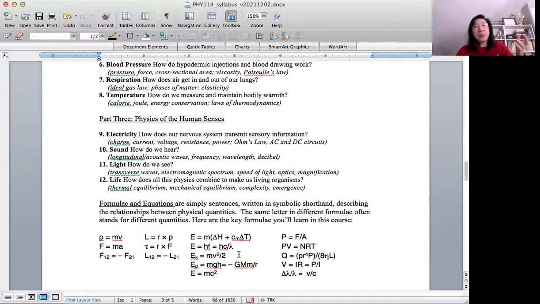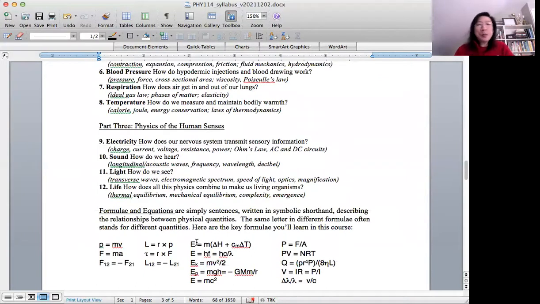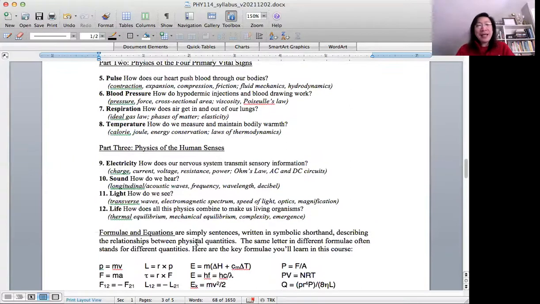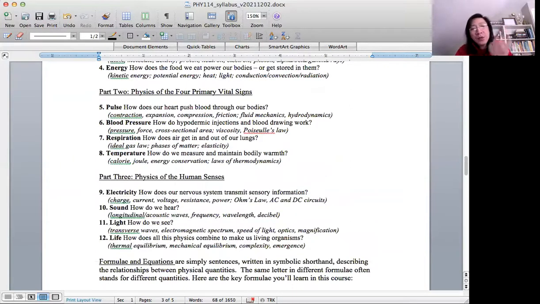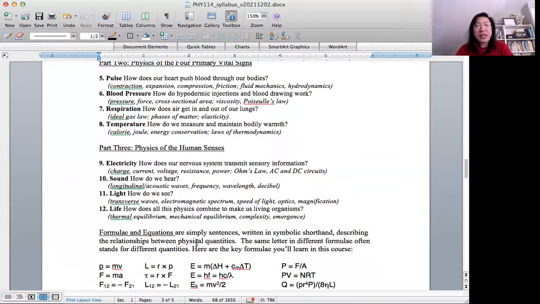I am going to show these to you right now, but we're going to talk about them one at a time over the course of the semester. You don't have to worry about them right now. Memorizing these is easier than memorizing, say, vocabulary words in a foreign language. They really are. They're sentences, and they're ways that we can look at the universe and understand how things work.